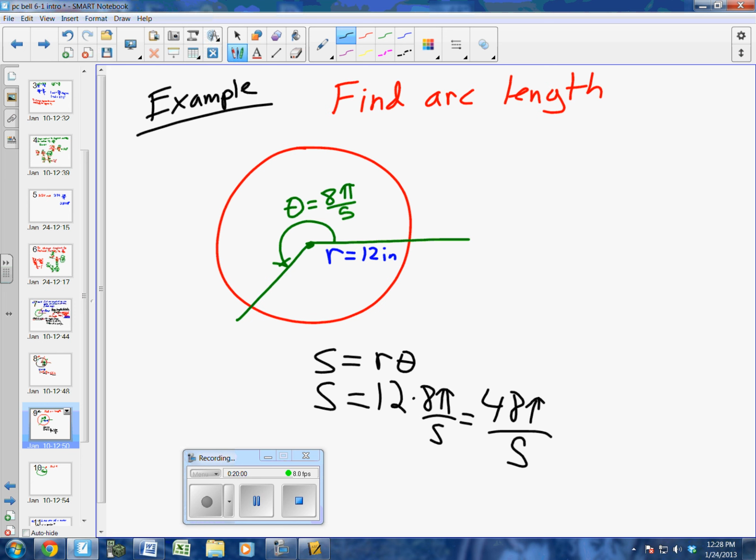How many of you left your answer like that? Or we can put it in the calculator. 48 times pi divided by 5. What did you guys get on that? 60.319 inches, right? That's the length of the arc.